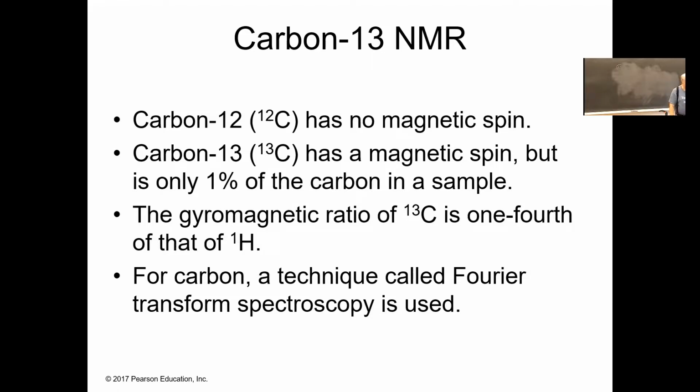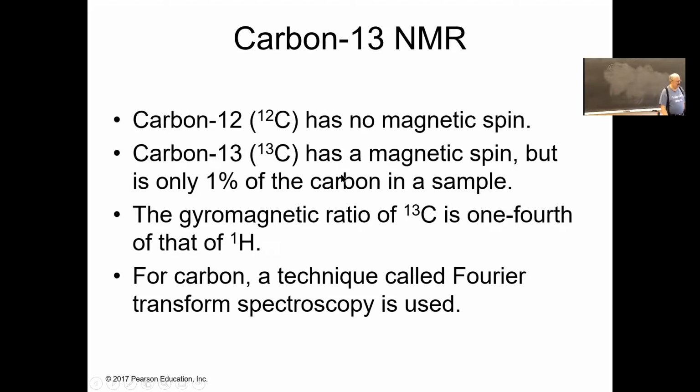Okay, now we're going to turn our attention to carbon-13 NMR. Carbon-12, which is the most abundant isotope of carbon, actually has no magnetic spin. It has an even atomic number and an even mass number, so the spins of the protons and neutrons cancel each other out.